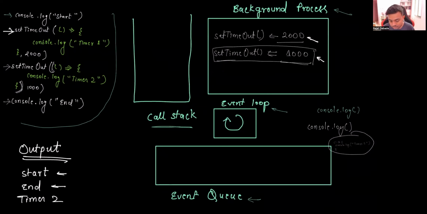So once the 2 seconds are over, this function in the green color will come and sit in the event queue. So this is how it will sit. Console.log timer1.